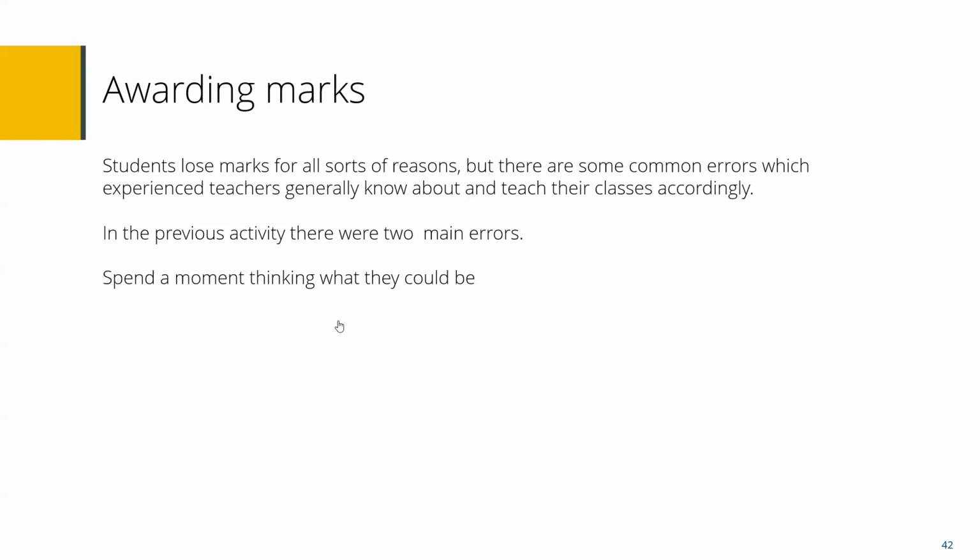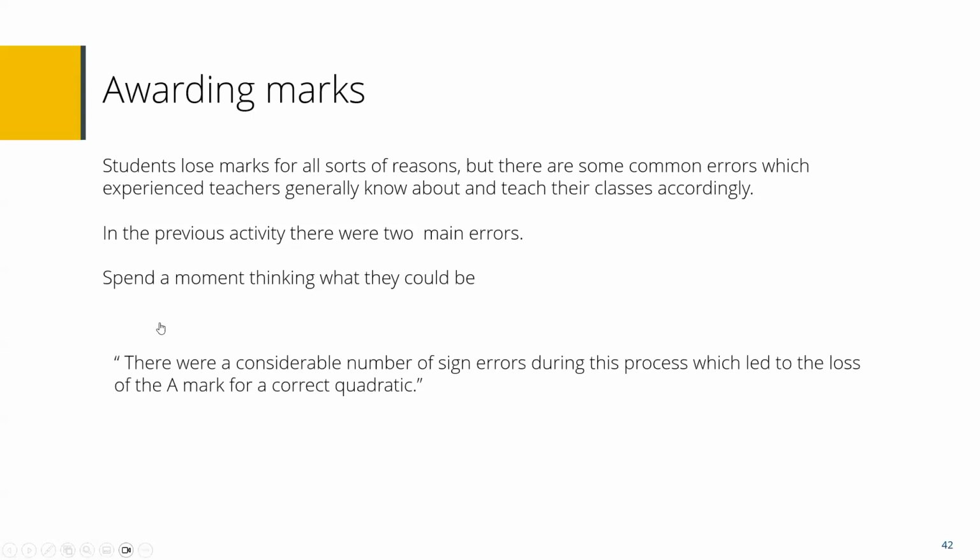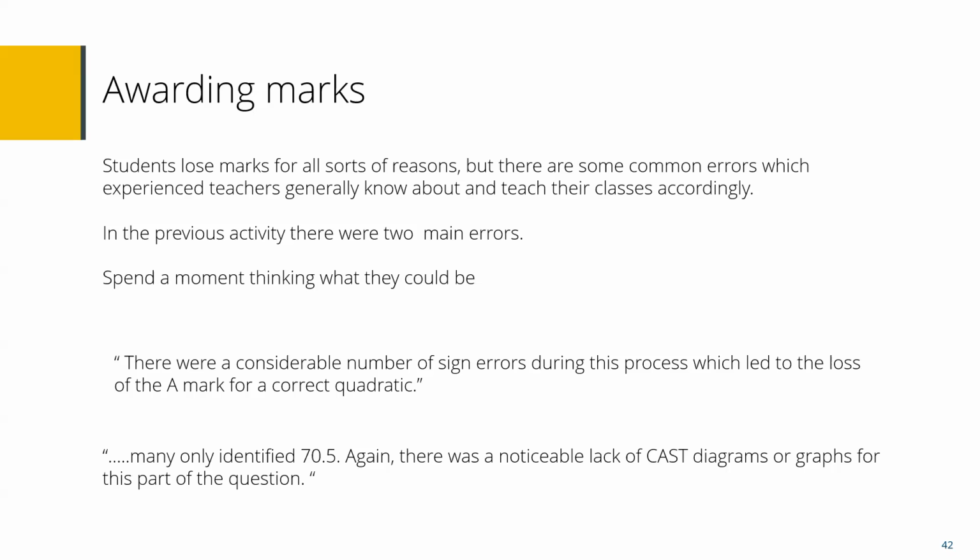And then we have other kinds of issues that come up. For example, here, there were considerable numbers of sign errors during this process, which led to loss of the A marks for correct quadratics. Another one from the examiner's reports, many only identified 70.5. Again, there was a noticeable lack of CAST diagrams or graphs for this part of the question, which then led them to lose marks as well.